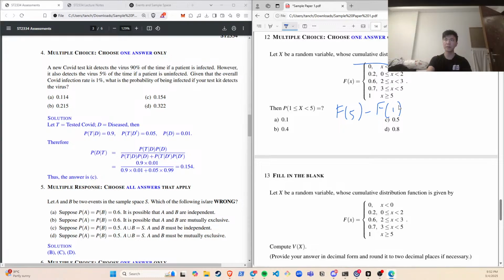Or strictly speaking, 1 minus. So this is equal to 1 minus slightly less than 1. So it's going to be 3.2. I'm going to guess this D.